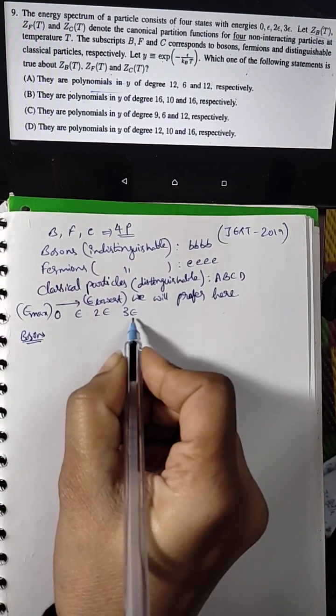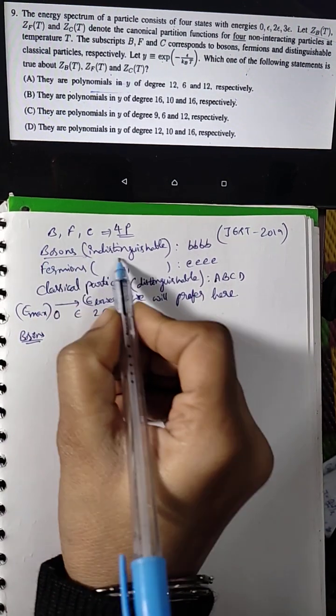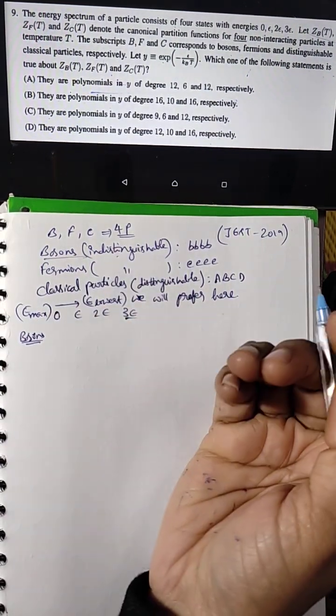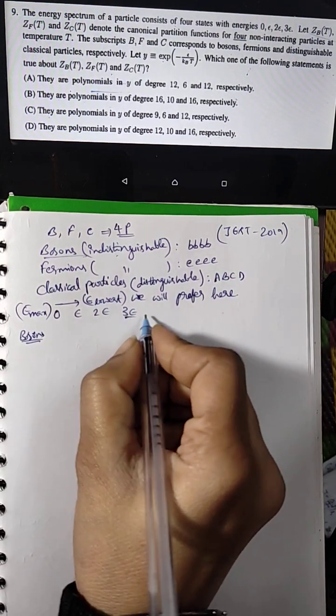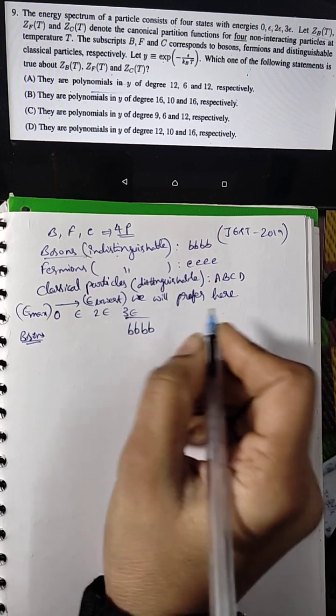So maximum energy is 3E. Bosons are indistinguishable, so any number of particles can take place in any energy level. So let us take all the particles in 3E.